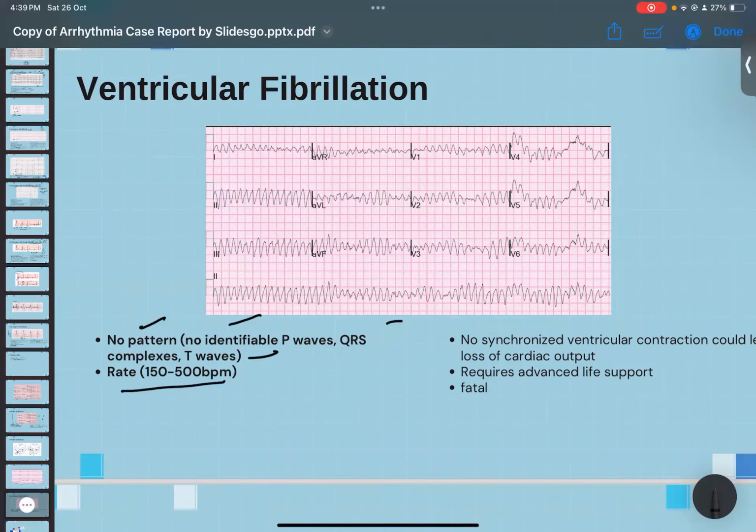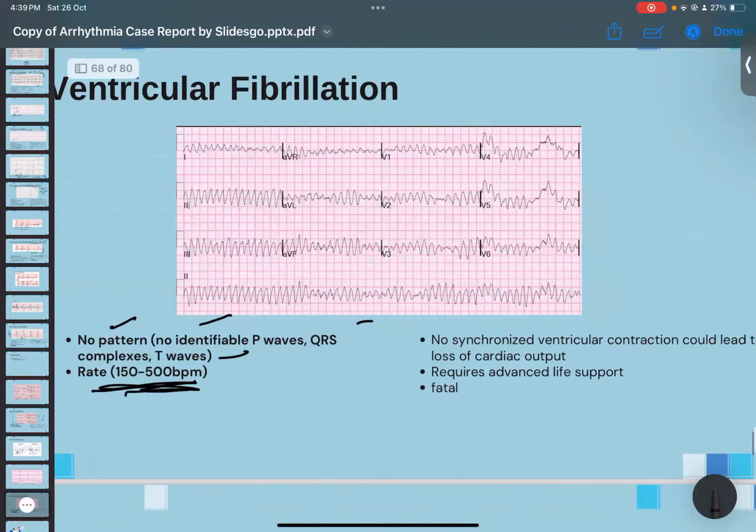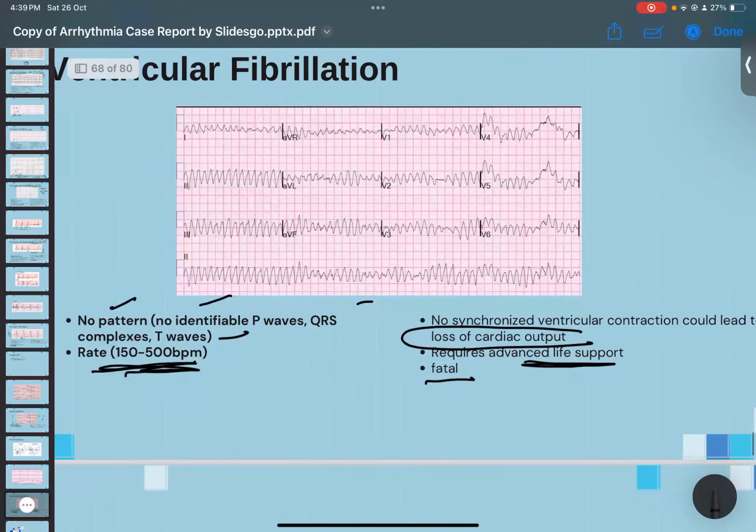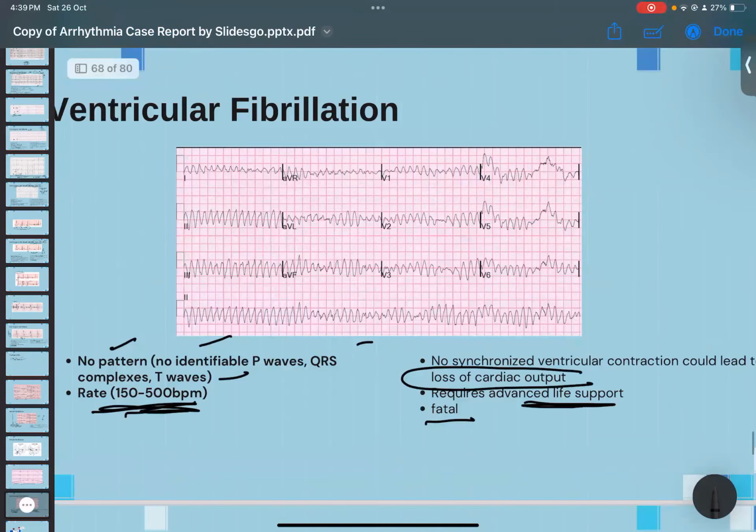The rate is about 150 to 500 beats per minute. Because the rate is so high, the ventricles are not able to push all the blood outside the heart, so the cardiac output is severely reduced. This definitely requires advanced life support and is fatal in most scenarios. So this is what ventricular fibrillation looks like.